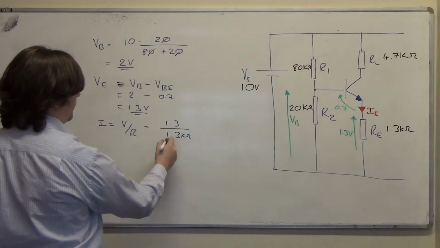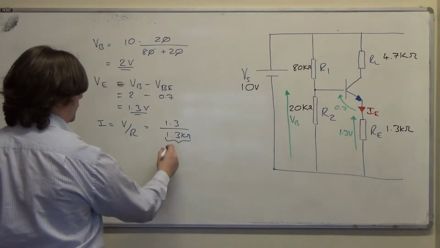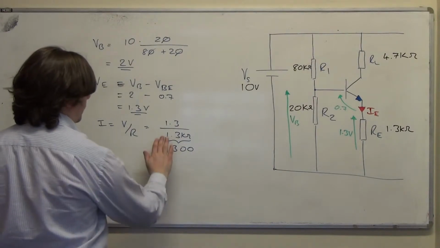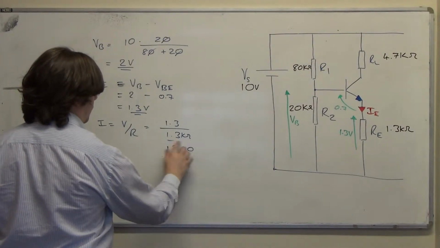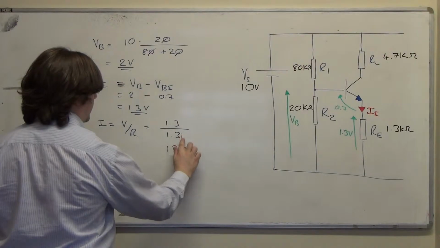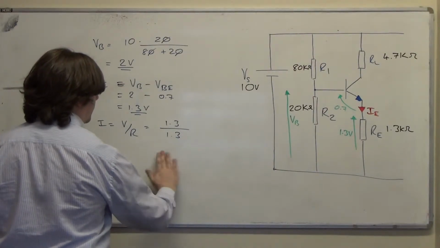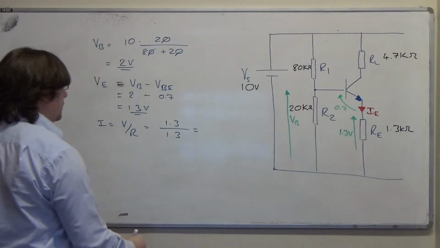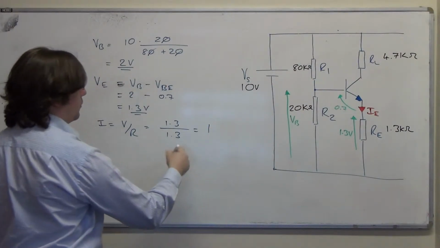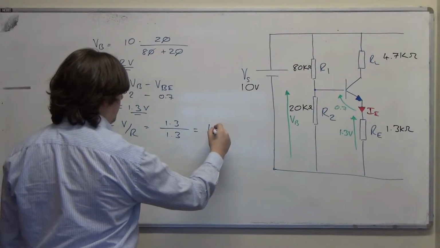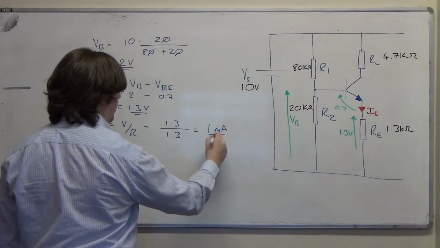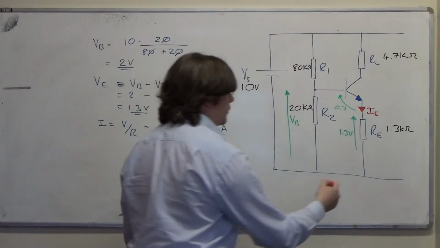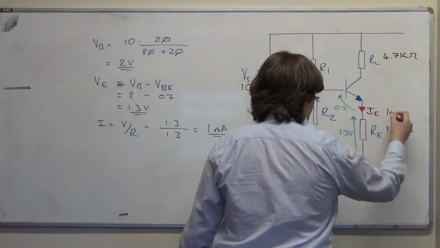If you don't fancy remembering it's kiloohms, you can write 1300 if you prefer, but I'm going to write 1.3 and I'm going to remember that it's kiloohms. So this will give me 1 times 10 to the minus 3, so milliamp. So I've got IE is a milliamp. I'll pop that on the diagram. 1 milliamp.